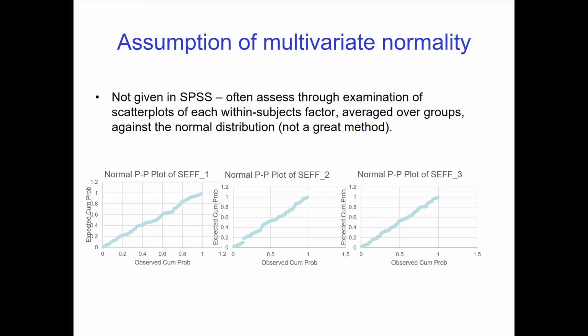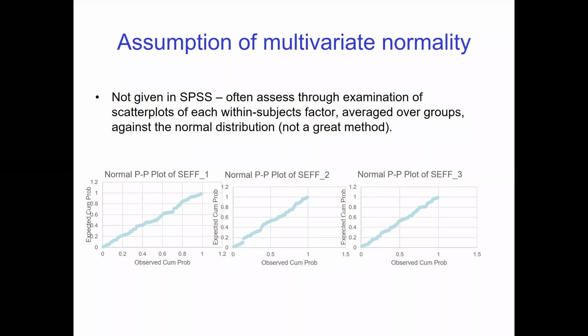But for now, we're just going to look at the scatter plots, which I usually use what's called the PP plot. There's another plot called the QQ plot. There's detrended plots, but I just look at the basic normal PP plot, which is the dependent variable at each time point graphed against the normal distribution.